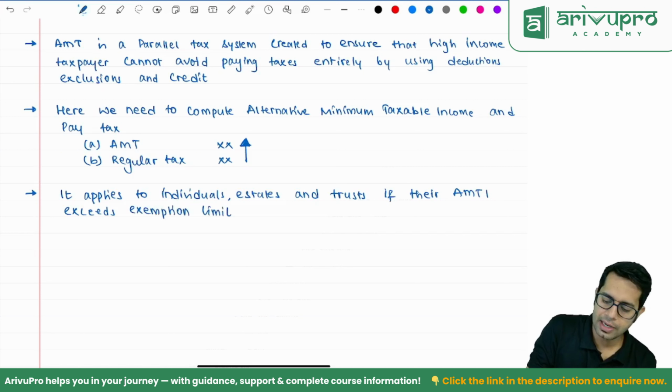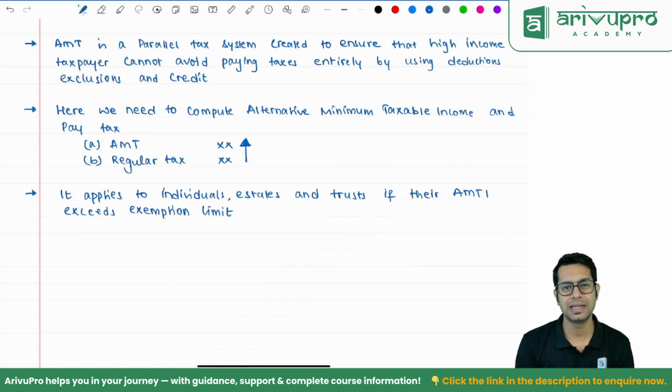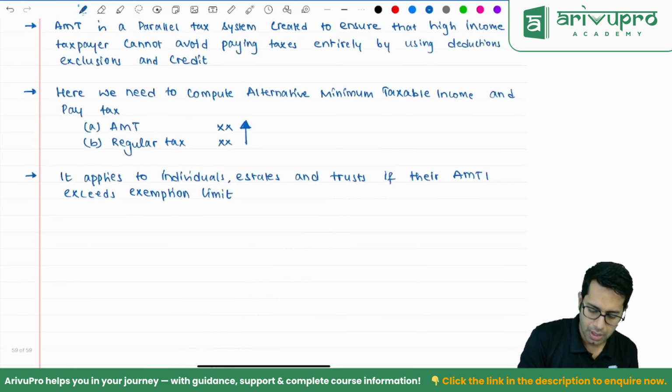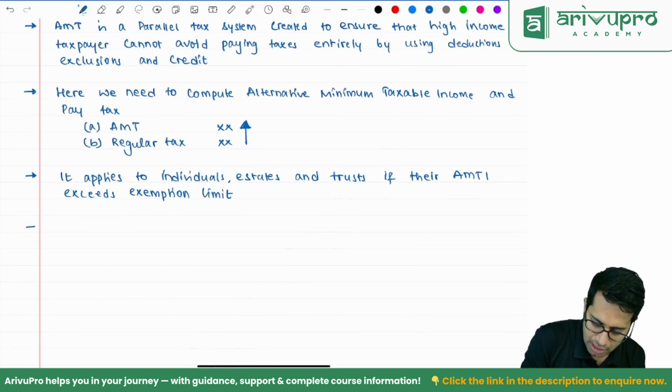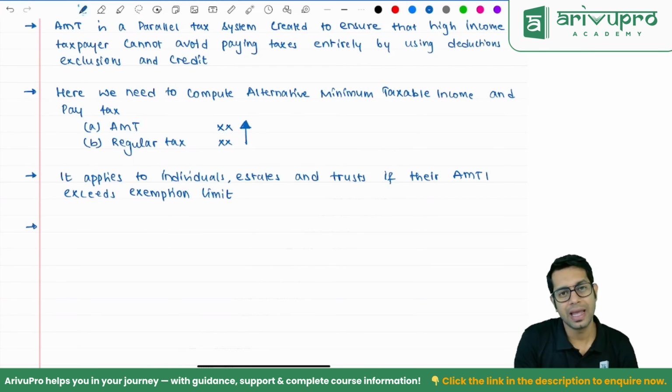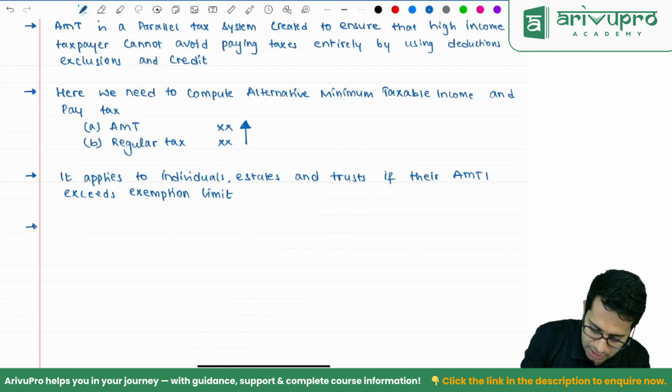So if your alternate minimum taxable income exceeds a certain limit, that exemption limit, then this tax is applied and is payable by you. Now, what is that exemption limit or threshold exemption, sir?